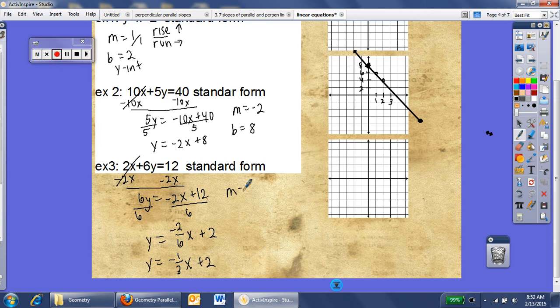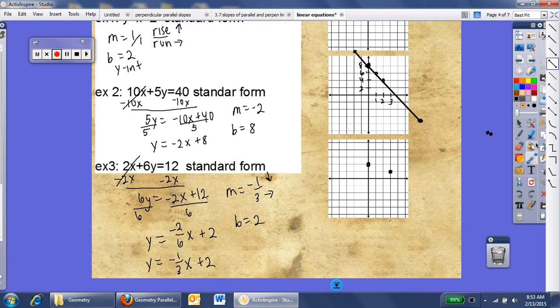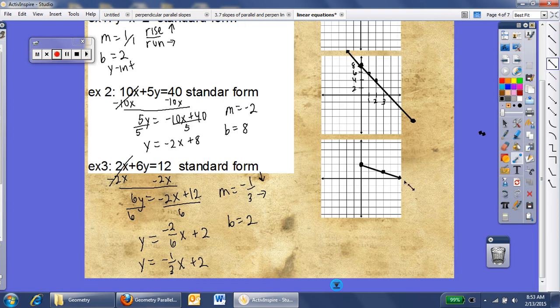Now I can see that the slope is negative 1 over 3, so our rise, we're going down 1, and we're going to the right 3. And b, the y-intercept, is 2. In this case, I'll go by 1, so I'm starting here at 2. I'm going down 1 over 3. And from there, I can connect my points and make the line.